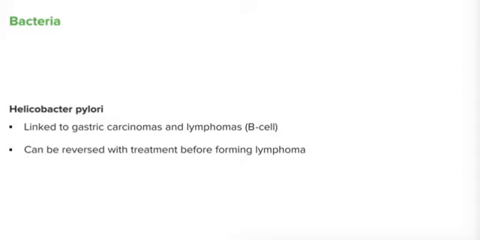Because in the gut, in the GI system, if it is any type of lymphoma that the patient is going to develop, it's going to be a B cell. Extranodal non-Hodgkin's lymphoma, we call this a diffuse large B-cell lymphoma, can be reversed with treatment.